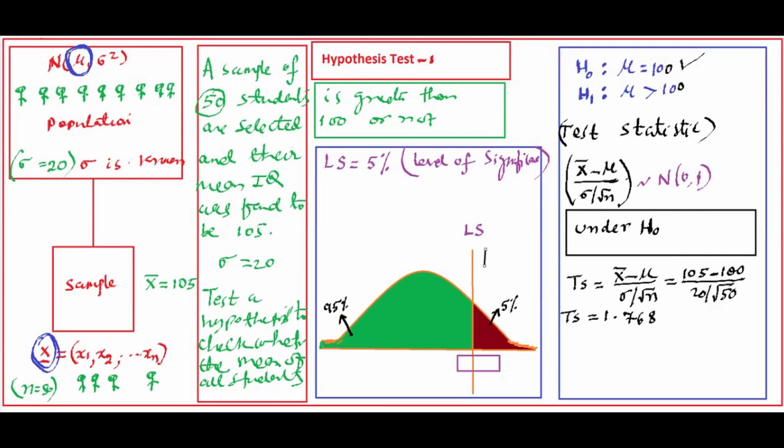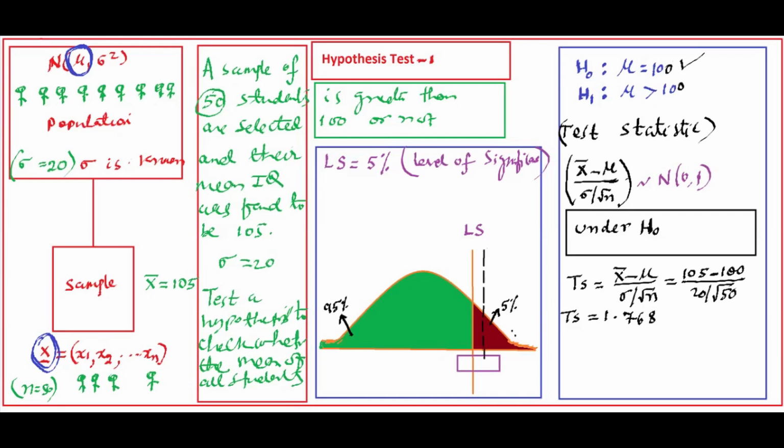Normally I write this. I'll send you my notes. You will see the difference between LS line and TS line. This is statistic. This is a testing. Okay. See, if you're testing, you found the statistic. Where it goes, it's in the acceptance region or it's in the rejection one. That is important.